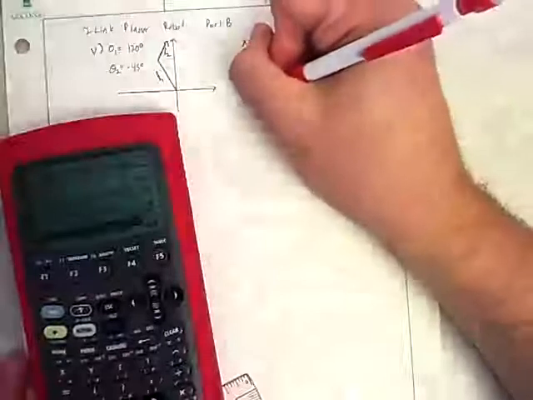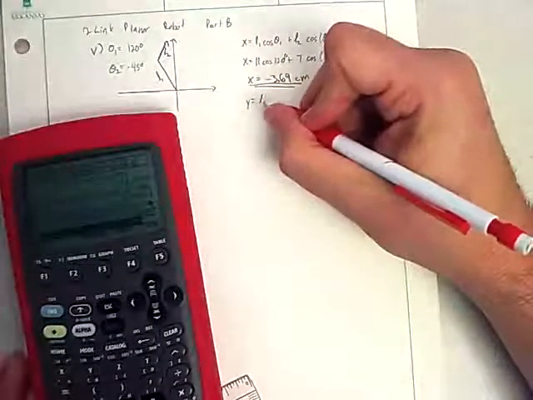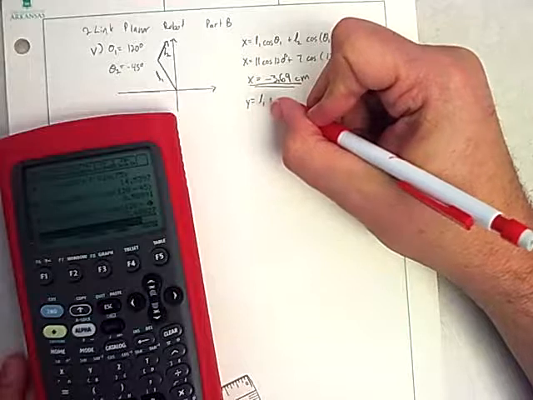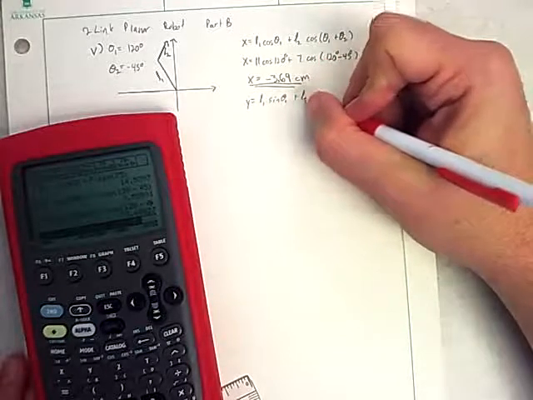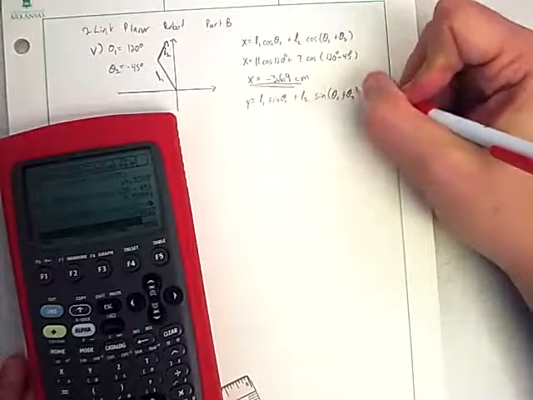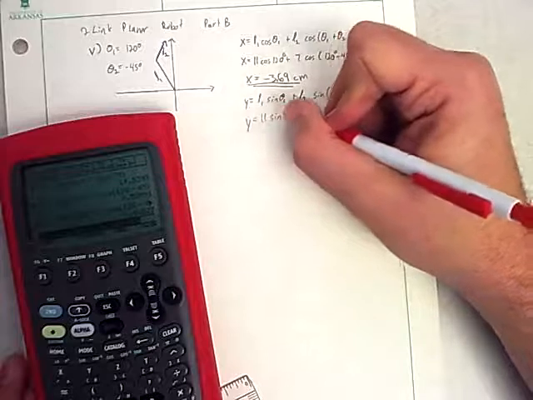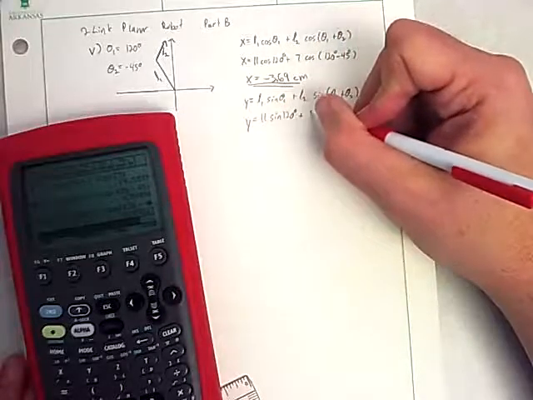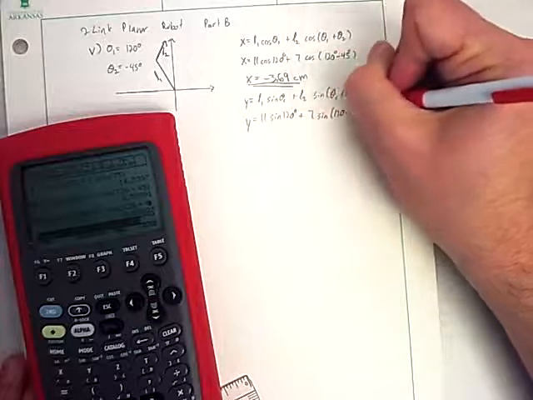And for our y value, again, I'm going to write the equation. L1 sine theta 1 plus L2 sine of theta 1 plus theta 2. Y is 11 sine of 120 plus 7 sine of 120 minus 45.